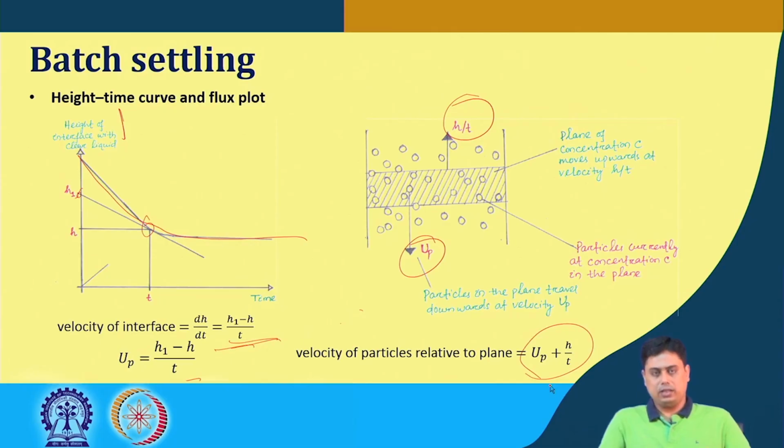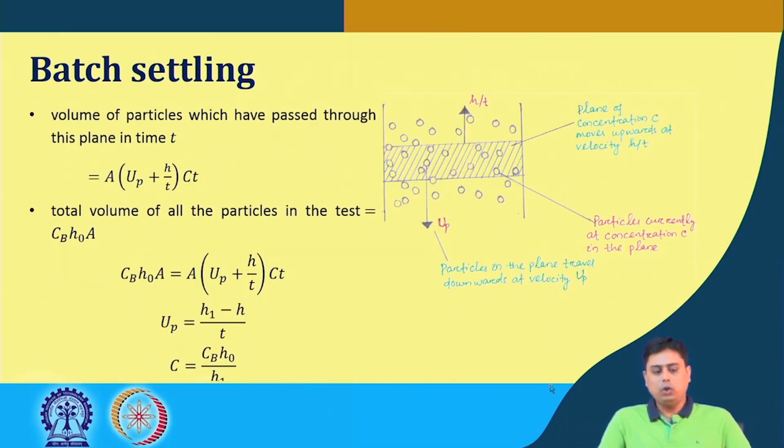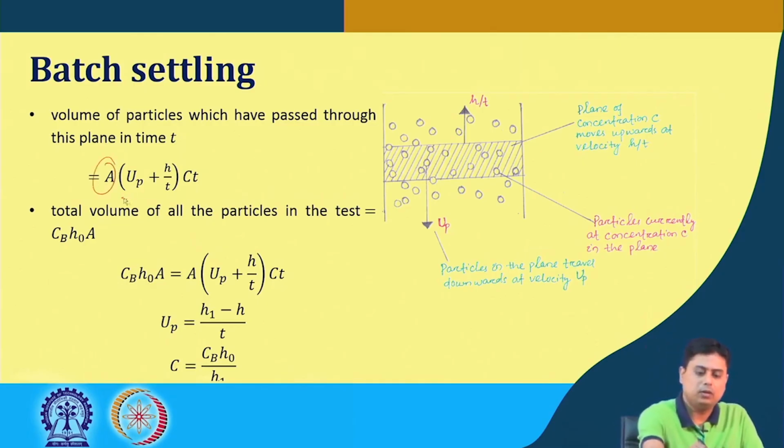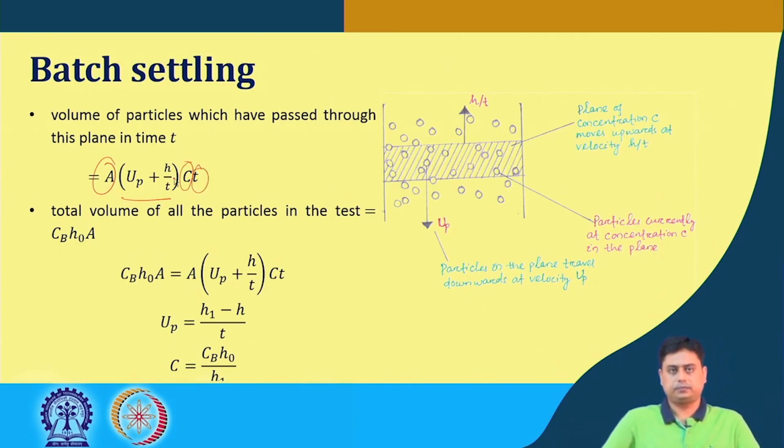With this velocity, how many particles are crossing this interface? The volume of particles which have passed through this plane at time t is the cross sectional area multiplied by its velocity, multiplied by its concentration and time.